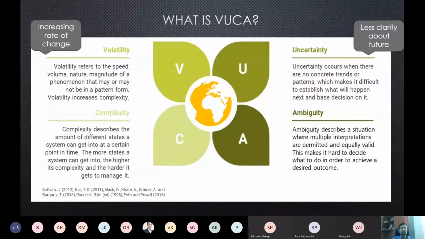And then going to the next term, that is complexity. Multiplicity of decision factors. Complexity describes the amount of different states a system can get into at a certain point of time. The more states a system can get into, the higher its complexity and the harder it gets to manage it. Right?